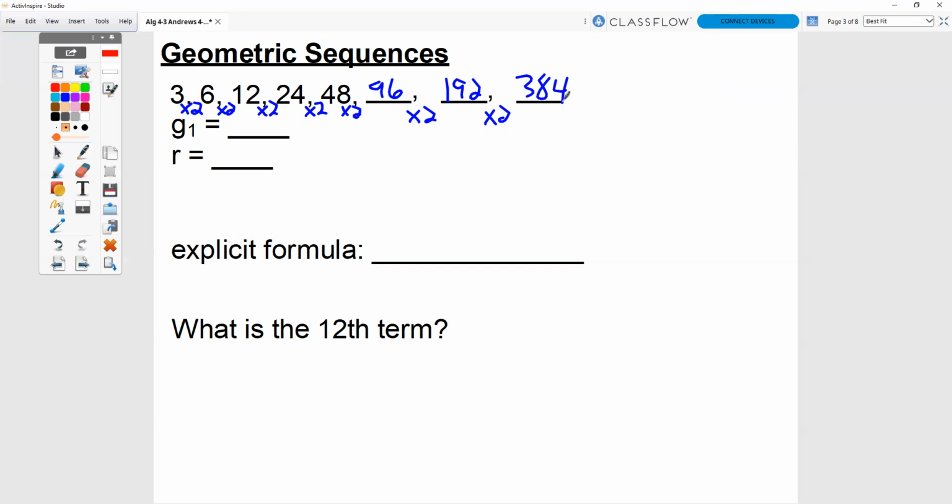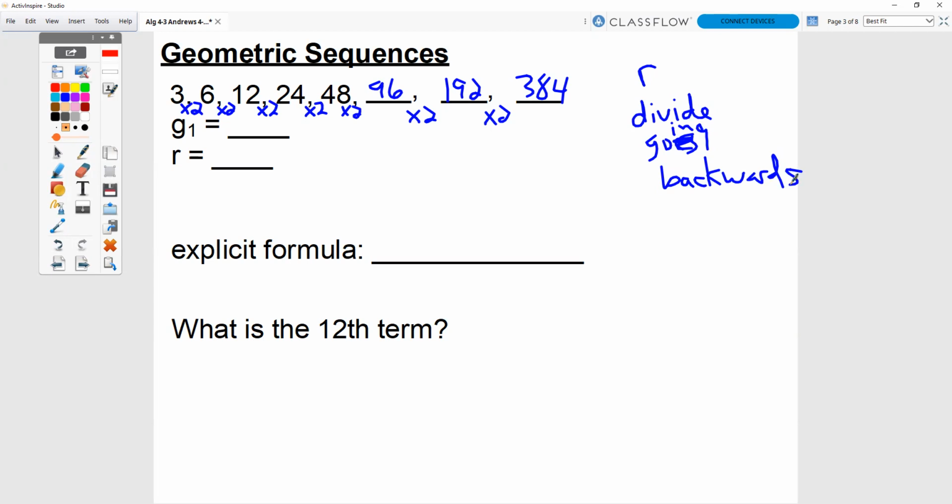If you can't figure out what you're multiplying by, because sometimes you might have decimals, you might be multiplying by 2.5 or something like that, and that might be a little bit harder to figure out. What you can do, if you realize that it's a geometric sequence, to figure out your R, is divide going backwards. For example, 48 divided by 24.